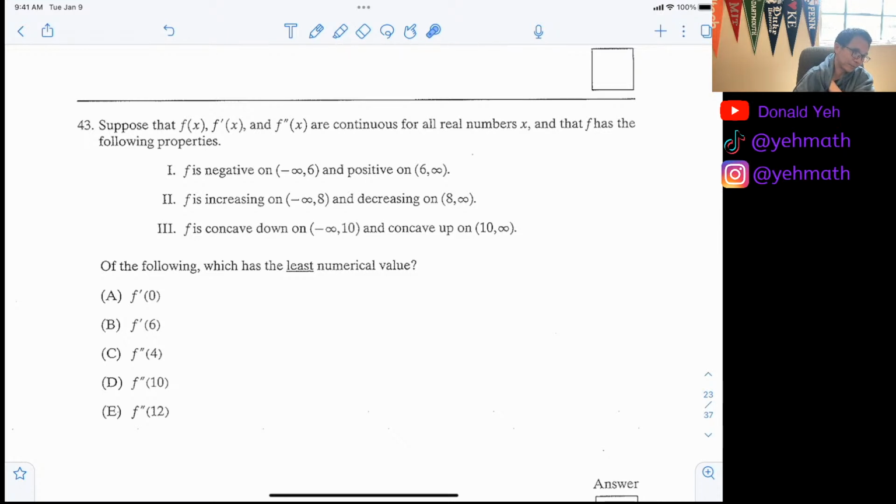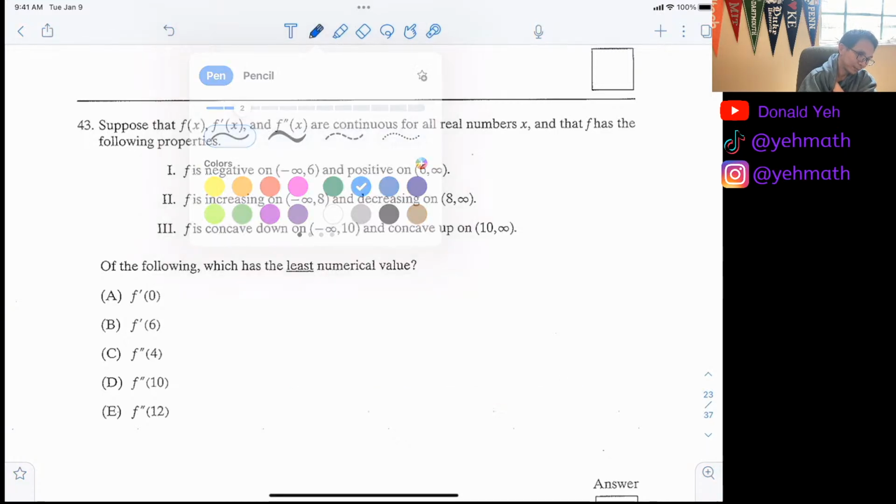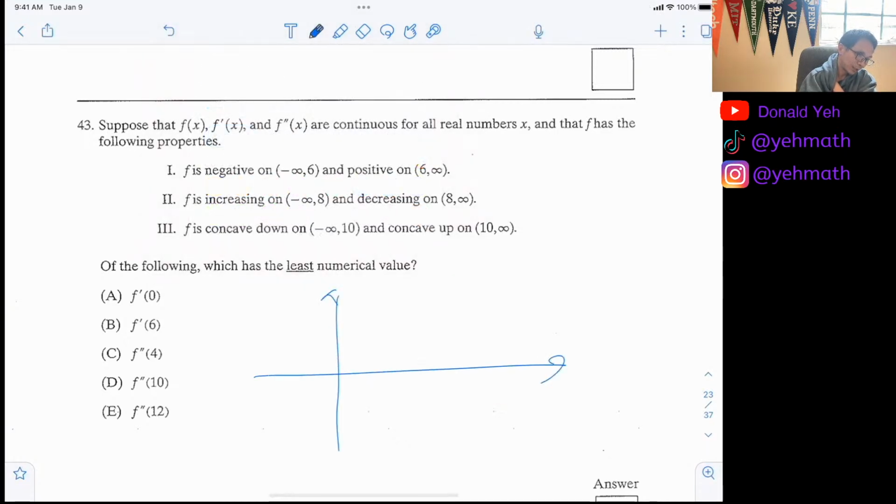This is a good question. So let's draw this. 6, right? I'm gonna draw a dotted line. So this is negative. This is a positive. F is increasing. It has the following properties.